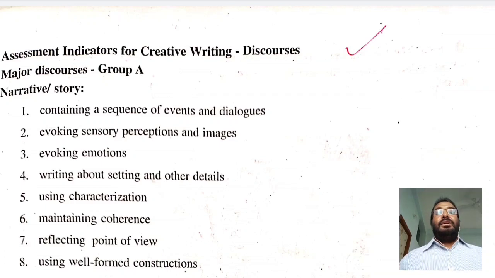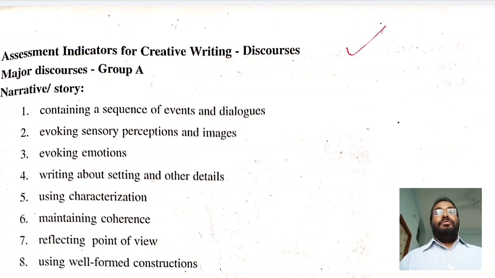First one is what we call narrative or story, and how to write it and how you will be given marks. That's what I would like to say first. First of all, we should have a sequence of events and also there should be dialogues.